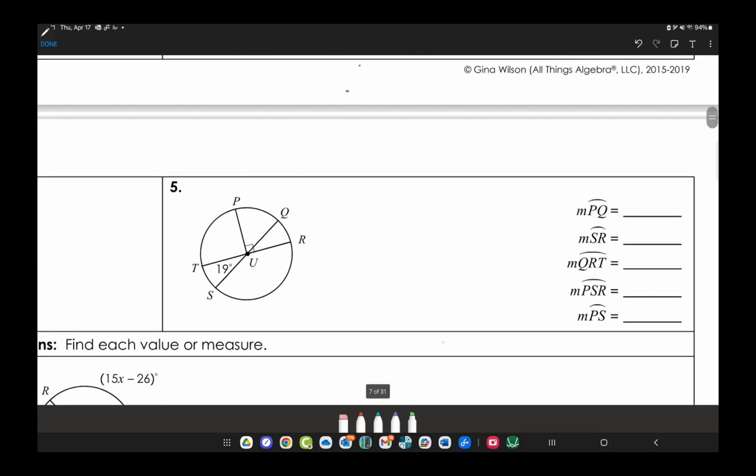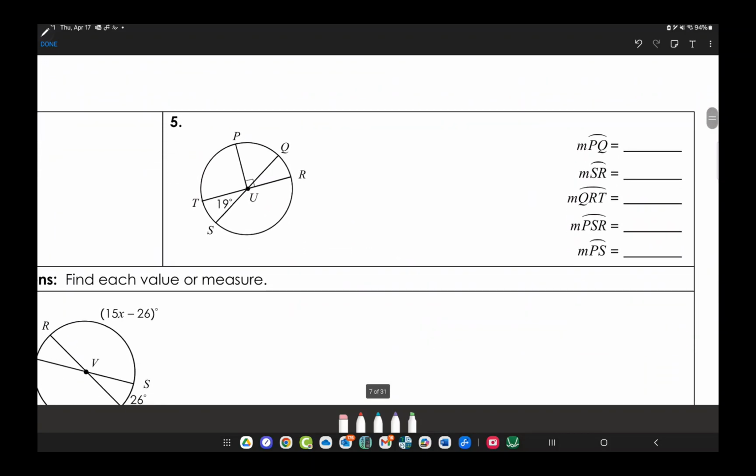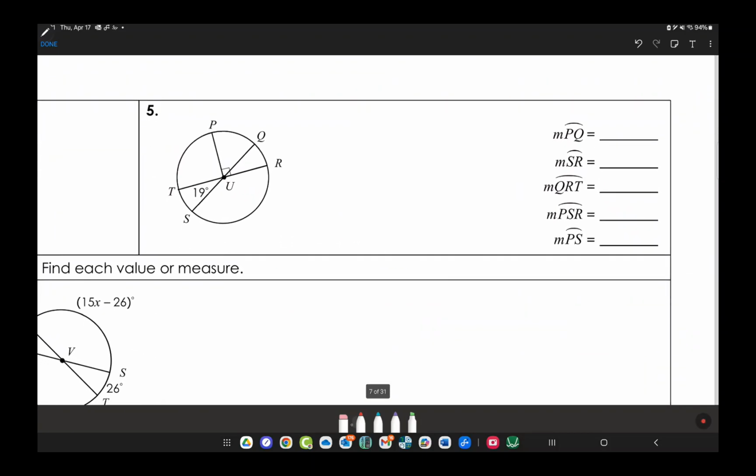Okay, next page. One last one of these. All right, we know this is 19, and since this is a right angle, 90 minus 19 would be 71 degrees. And 90 plus 71, or again, 180 minus 19, is 161 degrees. So arc PQ is 71.